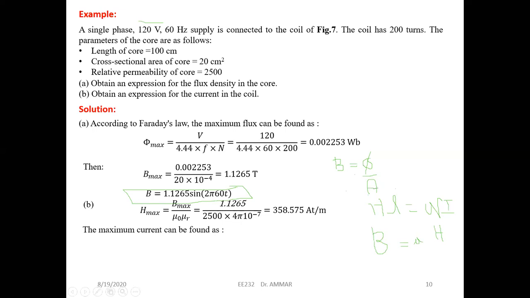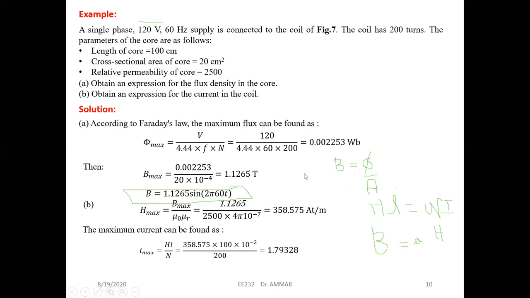And the maximum current, because we are working only with maximum here, no problem. The maximum current, according to Ampere's law, is HL over N. L is the mean length of the core, or the path, which is 100 centimeters. So HL is 358 times 100 times 10 to the power minus 2 over N, the number of turns. This is the maximum current because we are using maximum intensity.